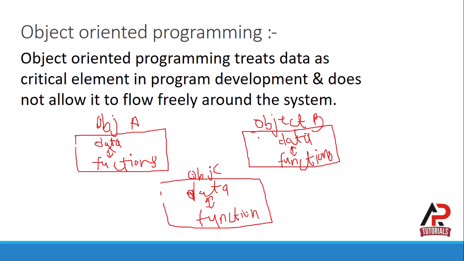So objects B and C communicate. So this is about object oriented programming.